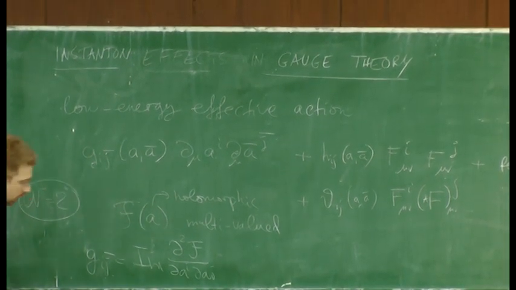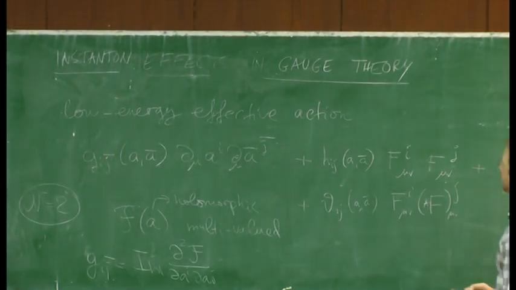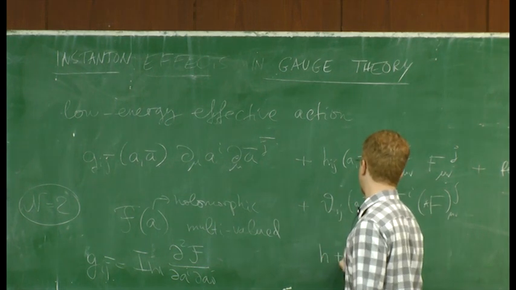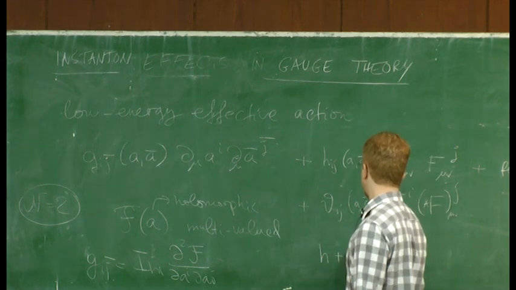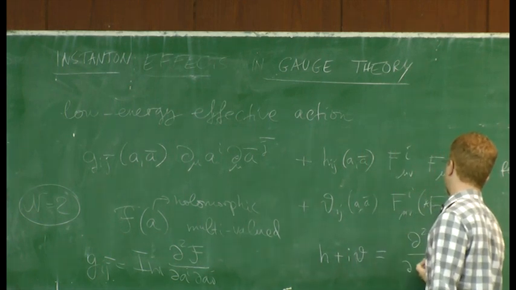And now, out of the metric and theta, if we take this linear combination, this will be just the matrix of second derivatives.